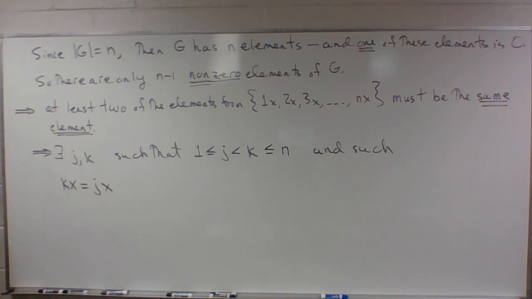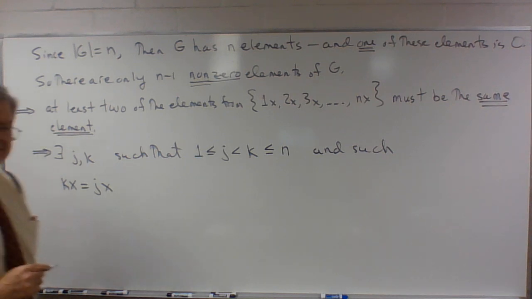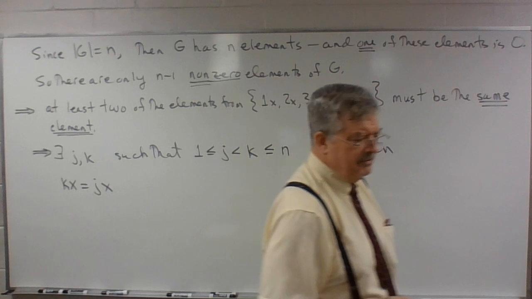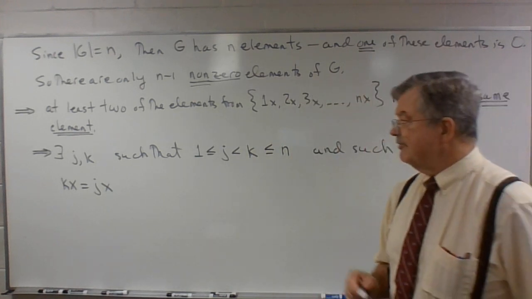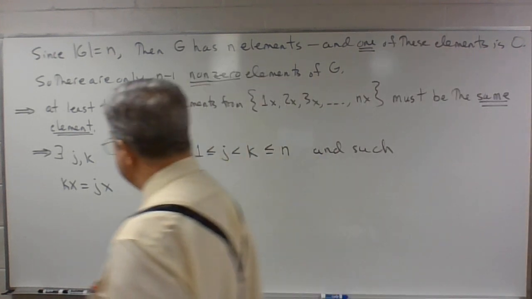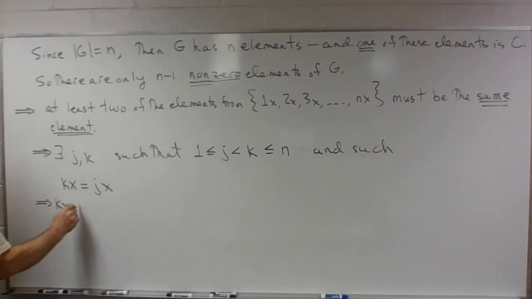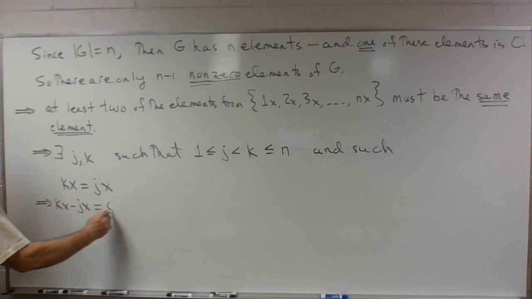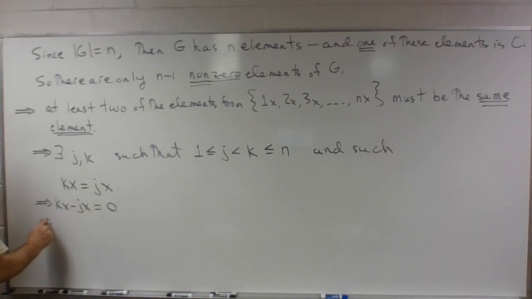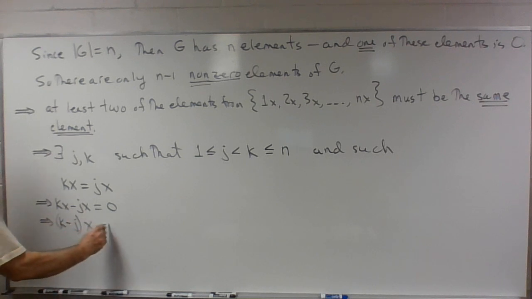They're the same element. Forgive me, I drew a blank for just a second. But that's it. So what does that mean? It means kx minus jx is 0, or it means that (k minus j)x is equal to 0.